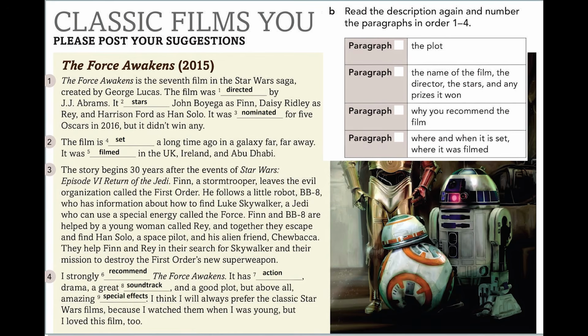Finn and BB-8 are helped by a young woman called Rey, and together they escape and find Han Solo, a space pilot, and his alien friend, Chewbacca. They help Finn and Rey in their search for Skywalker and their mission to destroy the First Order's new superweapon.